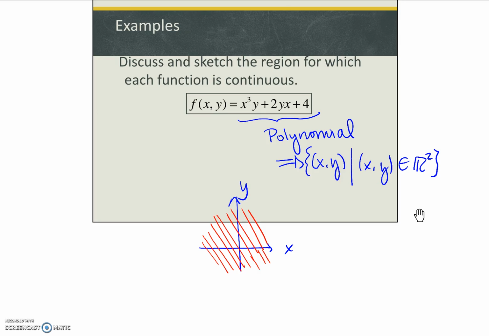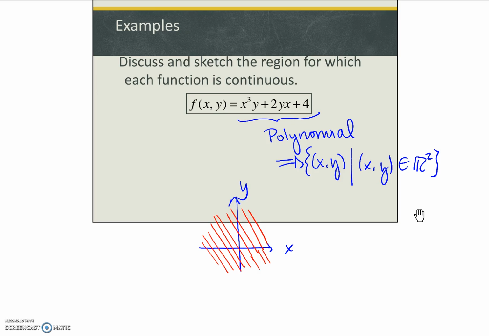And because it's a polynomial, we know that it's continuous over all real numbers. And since we have both x and y, it's actually all of R2. So I can evaluate this function for any point in the xy plane. So I would say that it's continuous for all points in the xy plane.